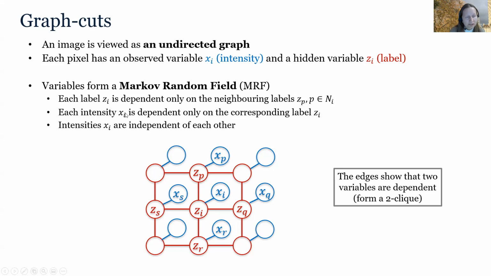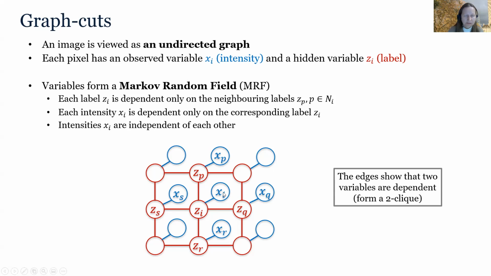Then each intensity is dependent only on the corresponding label. So here we have intensity X_i, and it's connected to the label Z_i. So there is an edge here, but intensities are otherwise independent of each other. We have no edge between the neighboring pixels for the intensity variable.